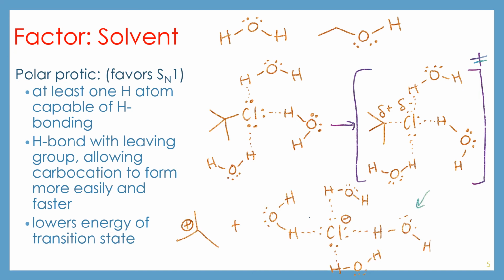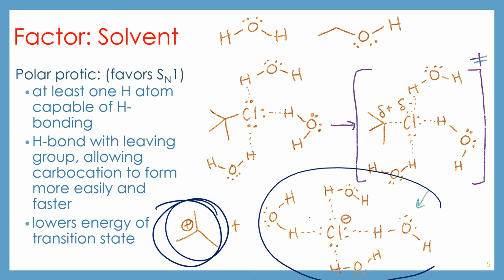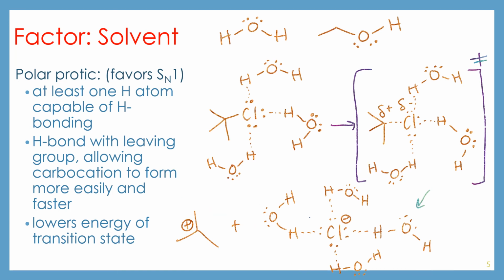And then finally, once the chloride is separated from the carbons, you have your carbocation. And then your chloride anion is occupied by hydrogen bonds with water, the same way that we saw the sodium on the previous slide being occupied by acetone.